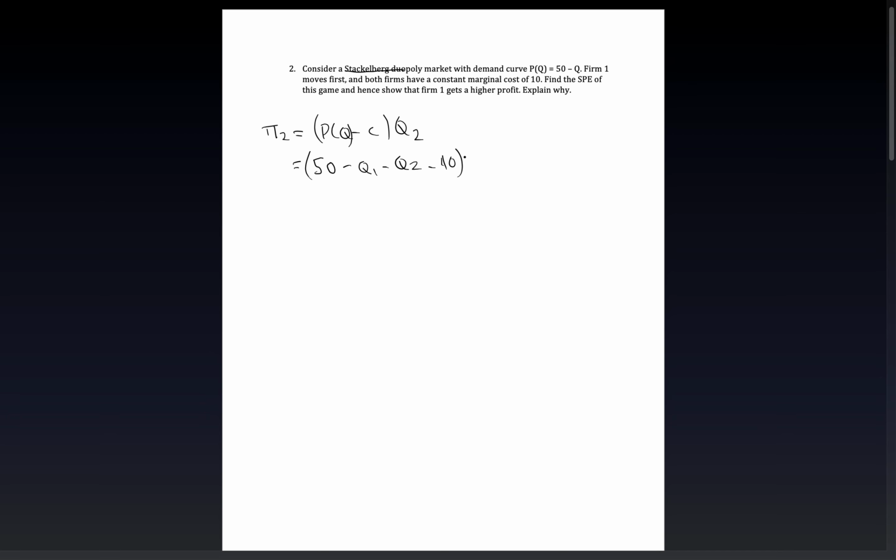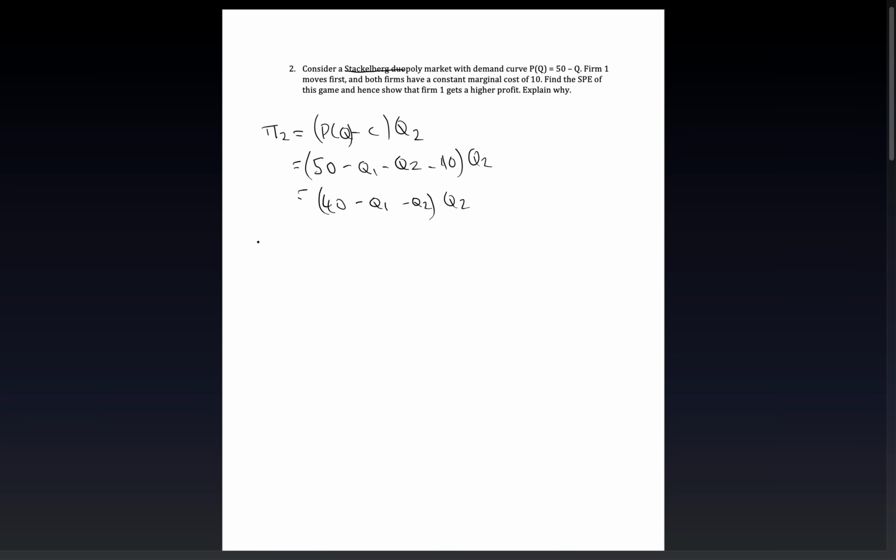and we times that by Q2. Then we can simplify that to get (40 minus Q1 minus Q2) times Q2, and then we can differentiate it to find the optimal quantity they're going to choose.